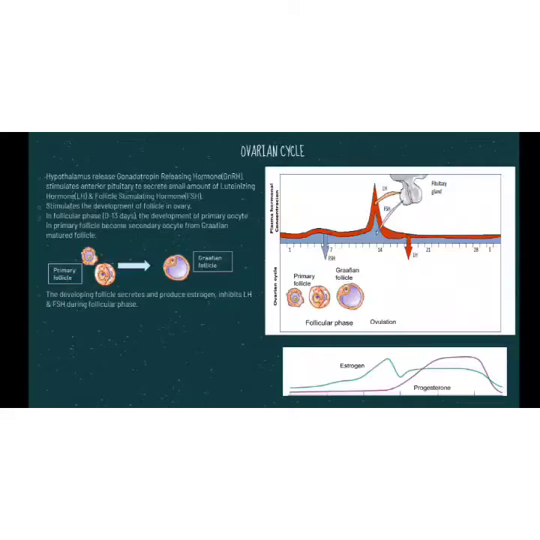Now we go to ovulation. Ovulation is the process in the middle between the follicular phase and the luteal phase. So at day 14, ovulation occurs. The Graafian follicle sharply increases the secretion of estrogen and stimulates ovulation.